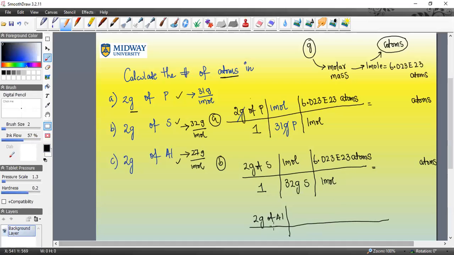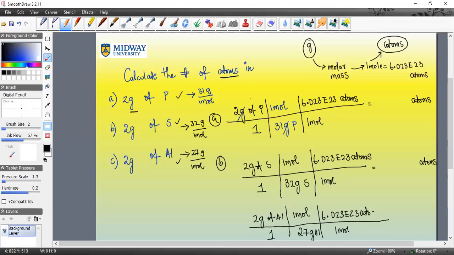That means there's no information, so just 1. And then 1 mole contains 27 grams of aluminum. And then a mole contains 6.023 e to the 23 atoms.